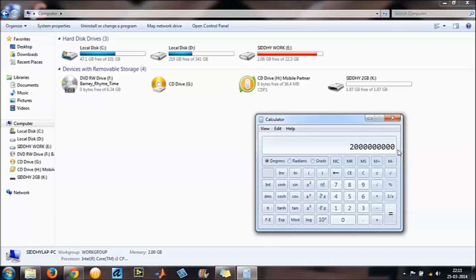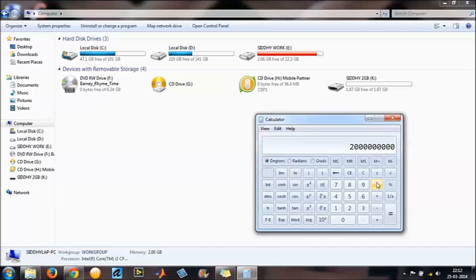But how Windows interprets it is, as I told you earlier, in powers of 2. 1024 bytes make 1 kilobyte, 1024 kilobytes make 1 megabyte, 1024 megabytes make 1 gigabyte, and so on and so forth. It is not like the general way, 1000 bytes making 1 kilobyte. That is the manufacturer's way of looking at it, but Windows looks at it as 1024 bytes making 1 kilobyte.